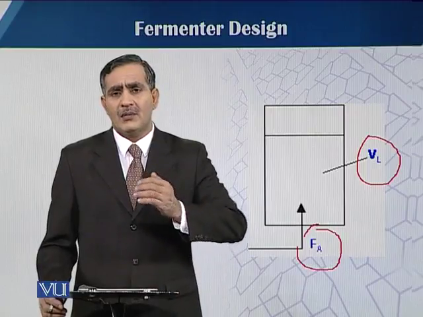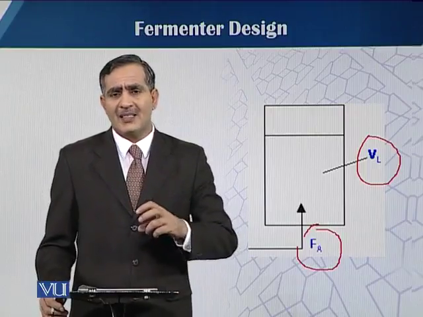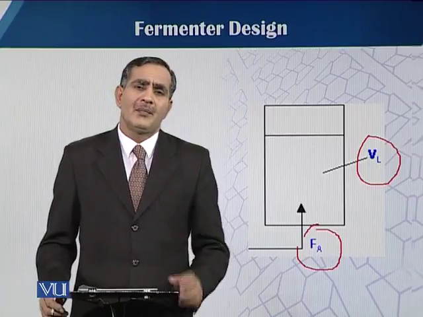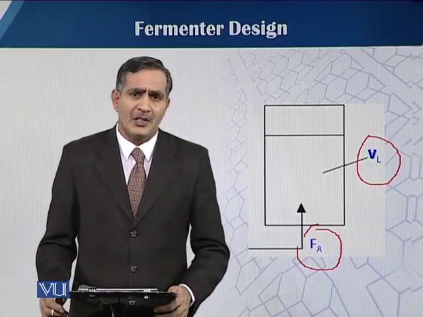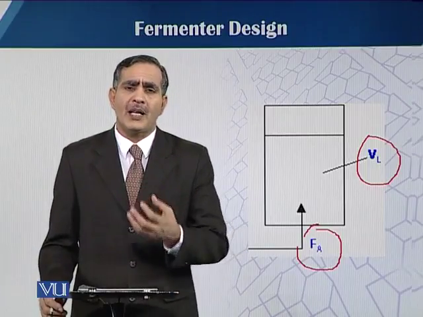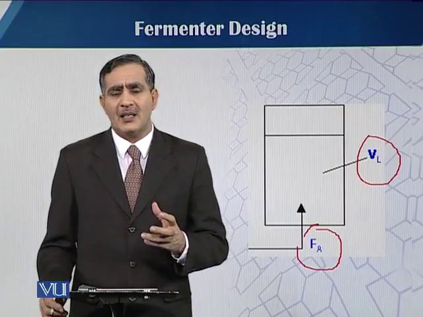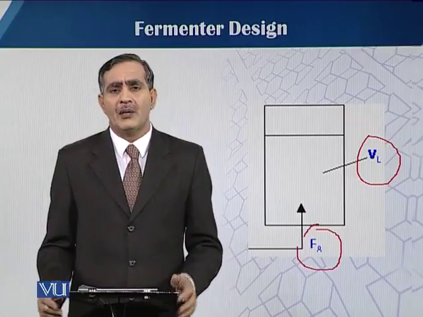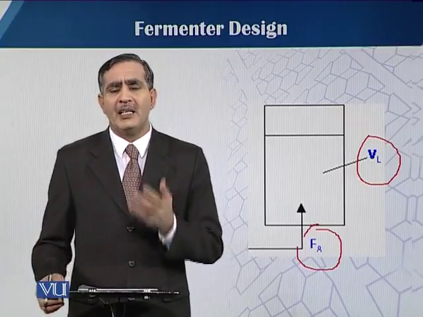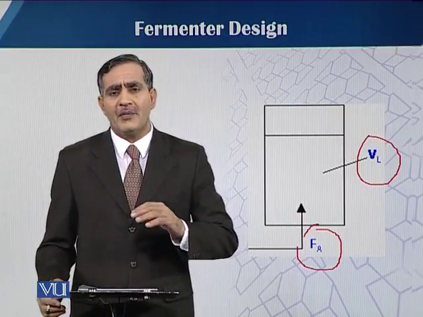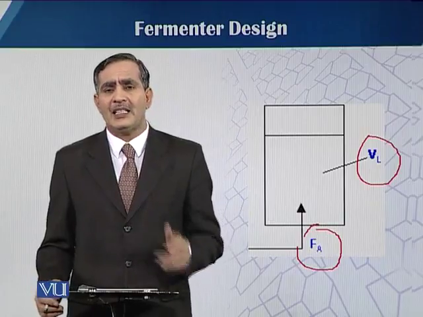So the oxygen probe senses the presence of the oxygen inside the medium. If we want to control that dissolved oxygen in some cases, it can be controlled by two methods, either by increasing the flow rate or by increasing the agitation.